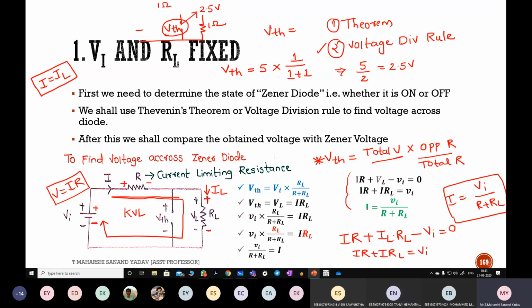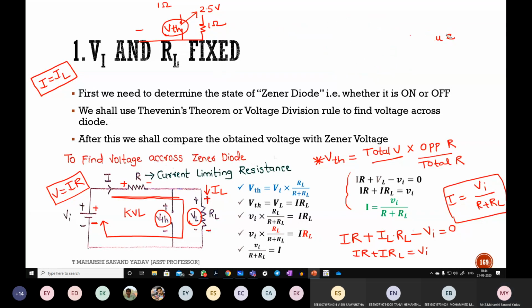Now what I want is VTH. This voltage VTH is equivalent to VL.